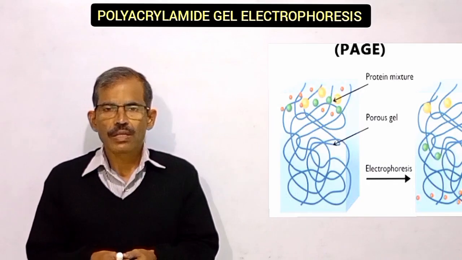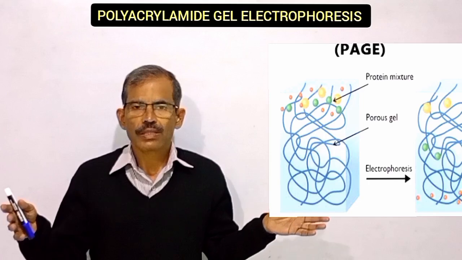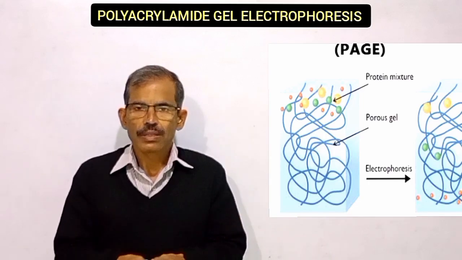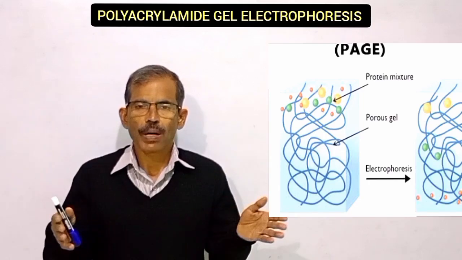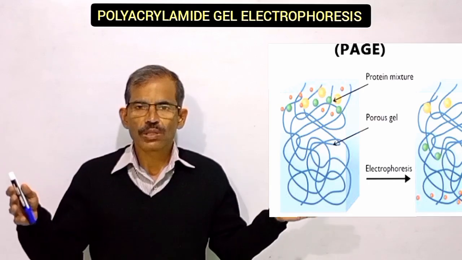The gel matrix is porous and hence it serves as a molecular sieve that contributes to the separation of biomolecules on the basis of their size.